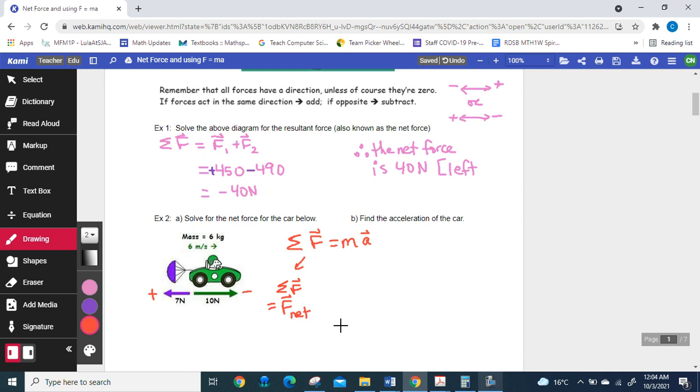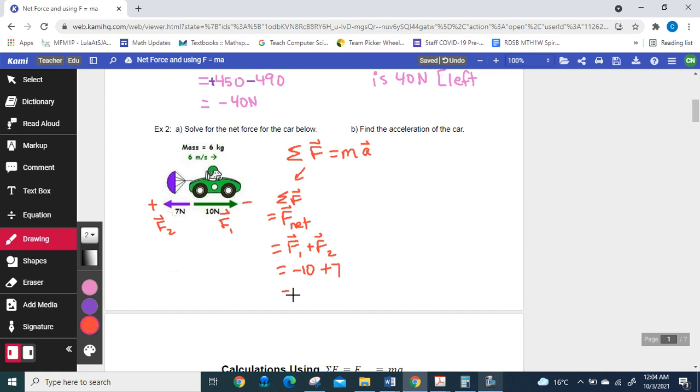And to get that, I need to take the force 1 and force 2, and we're going to add them vectorially, which means I'm using pluses and minuses to show the directions. So I'm going to have a negative 10 and a positive 7, just because that's just the way we chose our symbols.